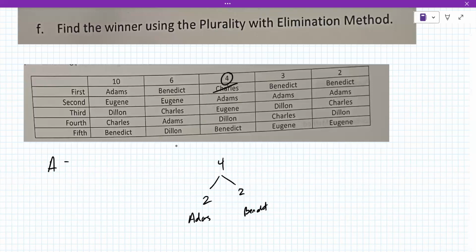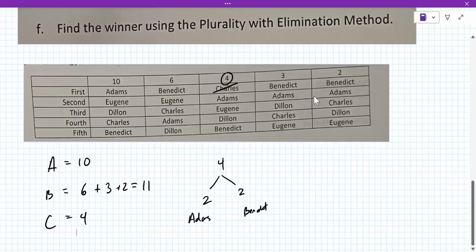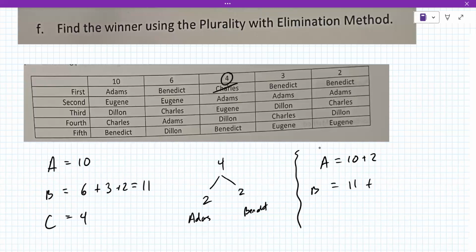Adams has 10, Benedict had 6 plus 3 plus 2, which is 11, and Charles had 4. So the fact that Charles had 4, he's out. If there was someone else in the list, they would be out as well. Their votes get distributed to the other 2 guys. So now A has 10 plus 2, and B has 11 plus 2, which is 13.